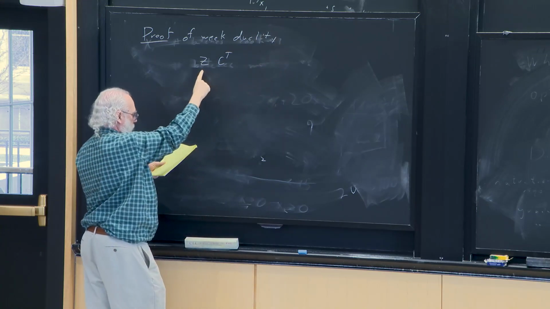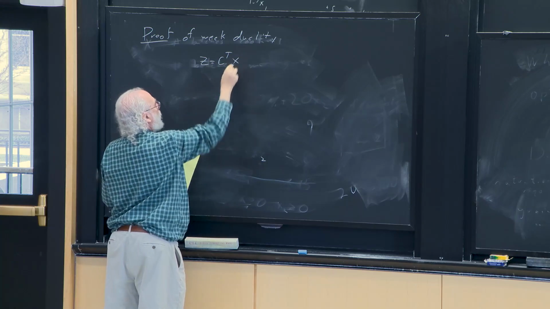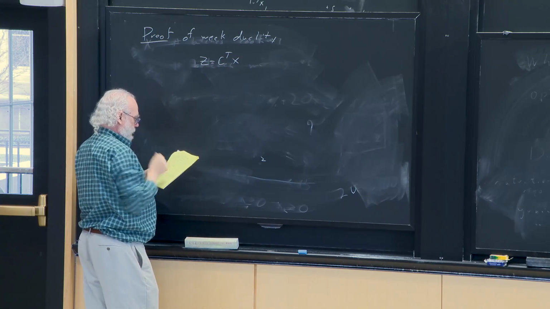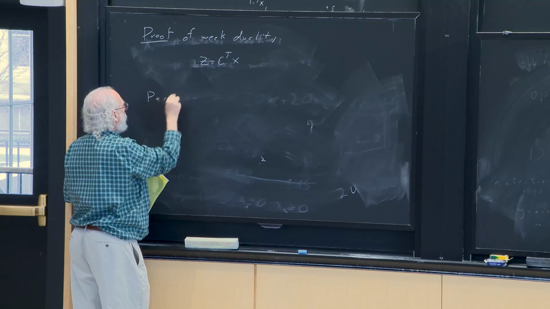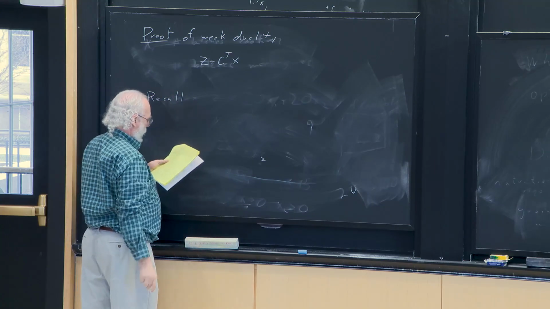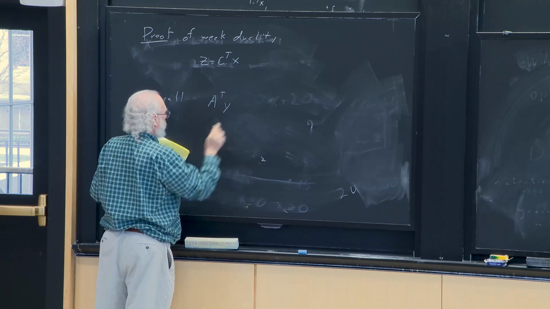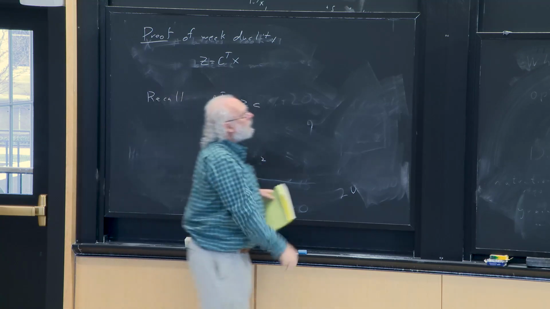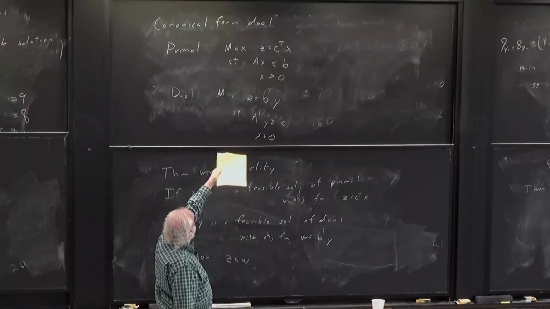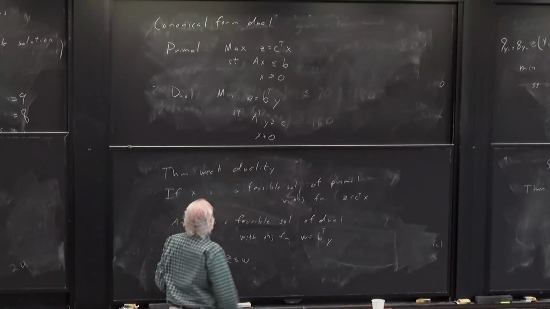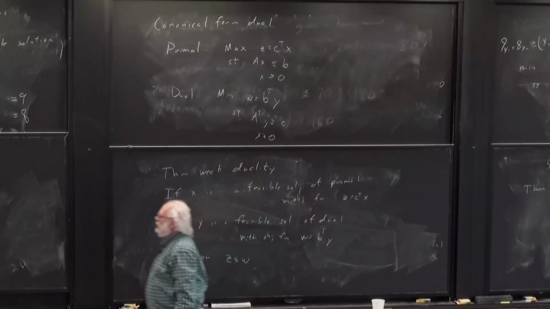We have Z equals C transpose X. Recall A transpose Y was greater than or equal to C. That's our constraints of the dual.